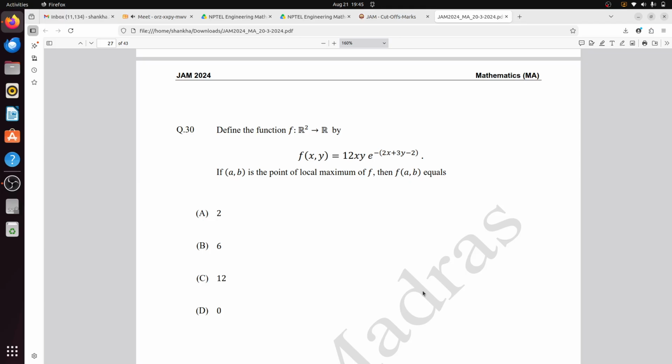Now we can think in other ways also. Define the function f from R2 to R. You calculate del 2f del x square, del 2f del y square, and del 2f del x del y. I think that will be a maxima, and the maxima is also where the exponent 2x plus 3y minus 2 is 0.